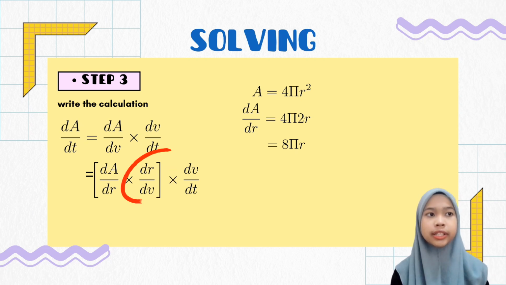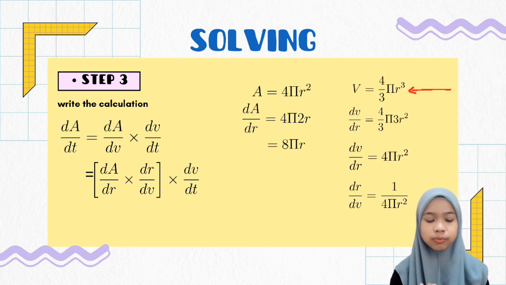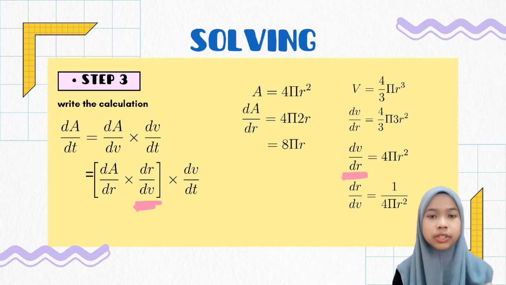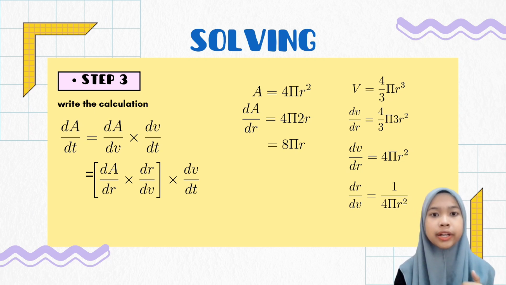To find it, we use the volume formula, which is 4 over 3 pi r cubed. We differentiate it until we get dV over dr equals 4 pi r squared. But in the calculation, we need dr over dV instead of dV over dr, so we just flip it. We get dr over dV equals 1 over 4 pi r squared.